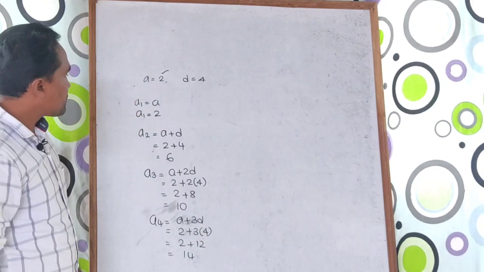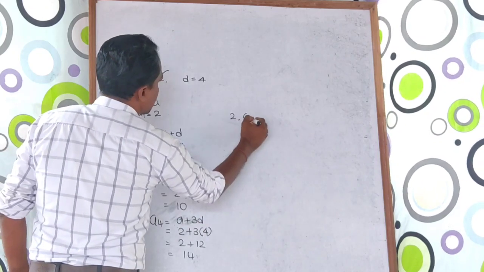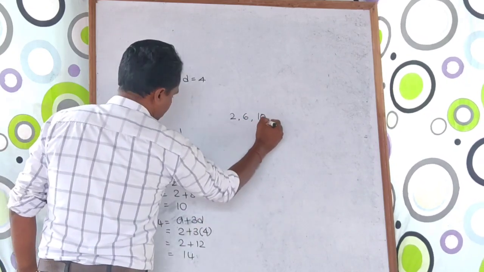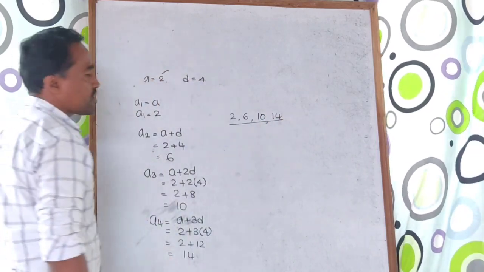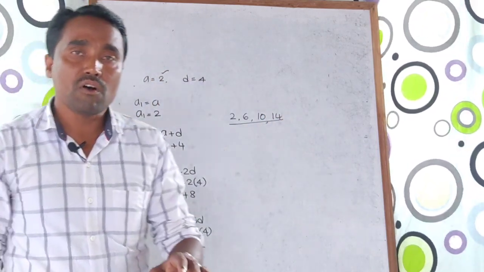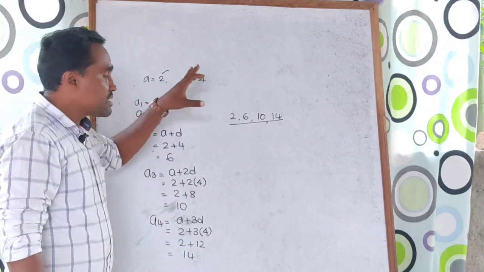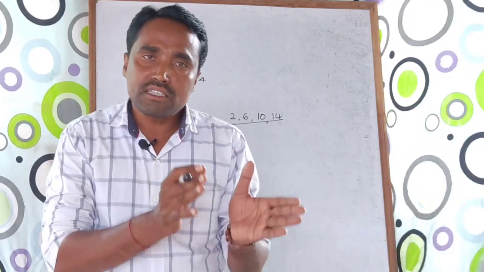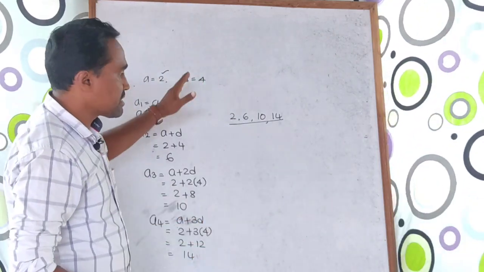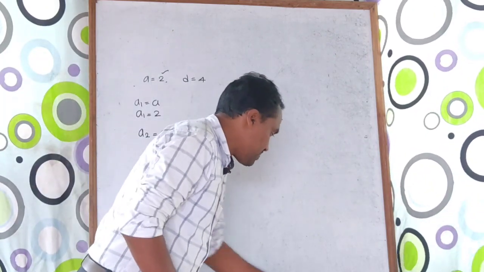The 4 terms of the AP are 2, 6, 10 and 14. In such a way you can find the first 4 terms of the AP where A is 2 and D is 4. Similar questions will be easy for you if you follow this pattern. This is not a difficult job. Let's see one more example.